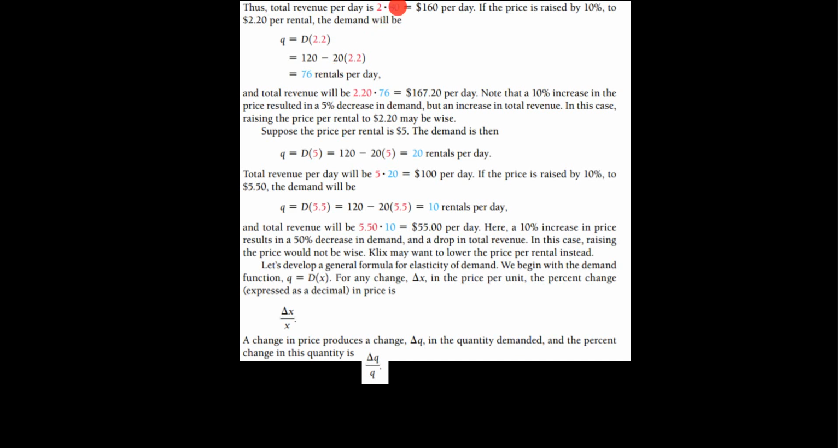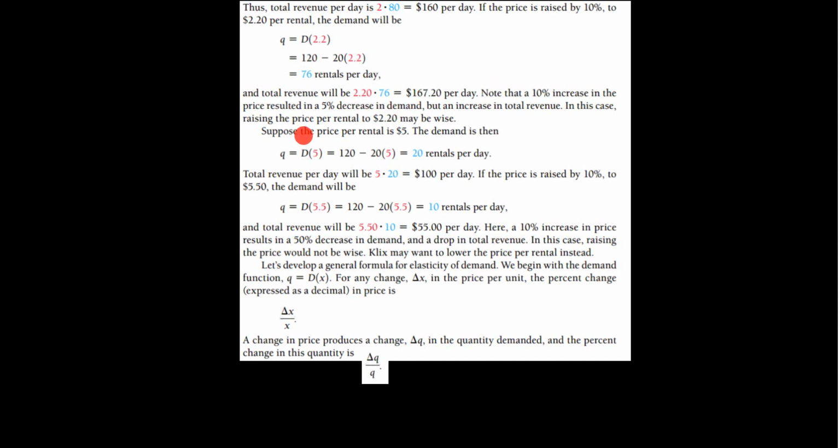We're going from 80 to 76, but the revenue, we're charging $2.20, and we have 76 rentals per day. That means we're going to be making $167.20 as opposed to $160. So obviously, raising the price a little bit, even though we'll have fewer rentals, we're going to make more money here, and that's of course what we want, right?